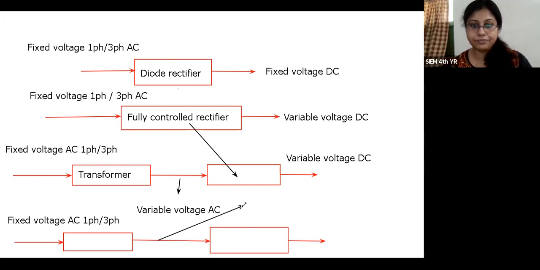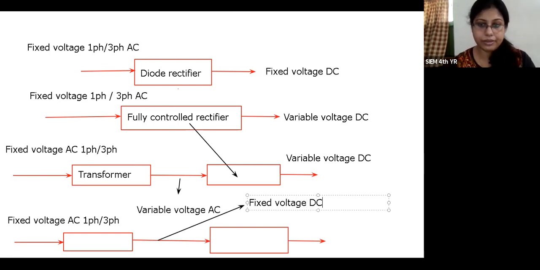Here, fixed voltage DC, fixed voltage DC we require. That is our requirement. That means the output of the first power modulator should be fixed voltage DC.